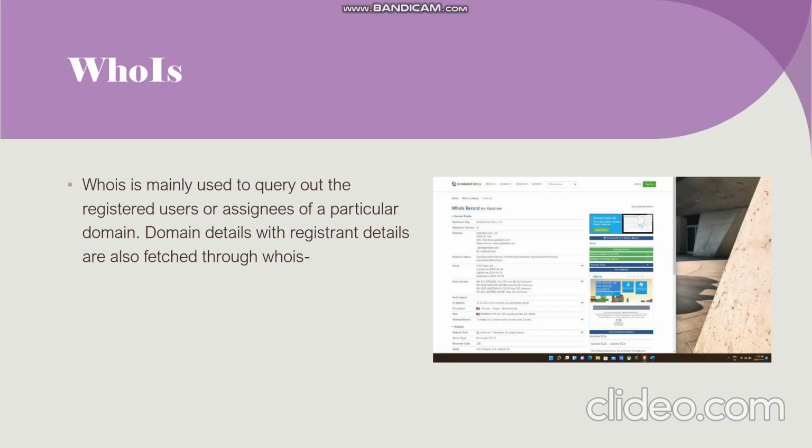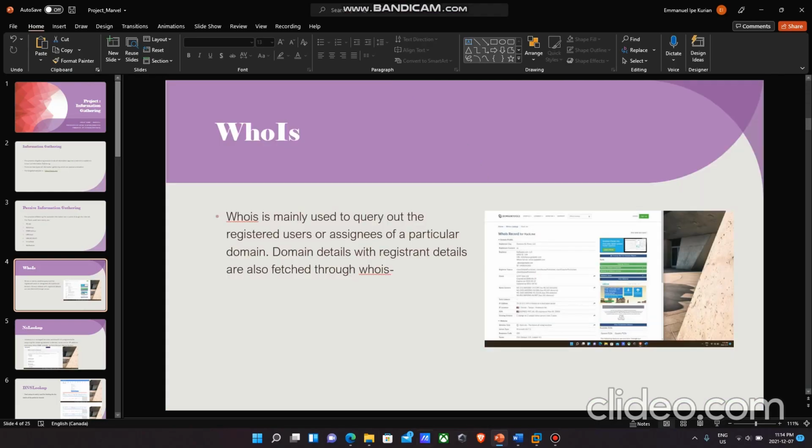Okay, let's move with WHOIS. WHOIS is the first basic website where we can get all the information regarding a particular domain, for example the registrant details, the domain published date, and in what year the domain was established. I can show it practically.